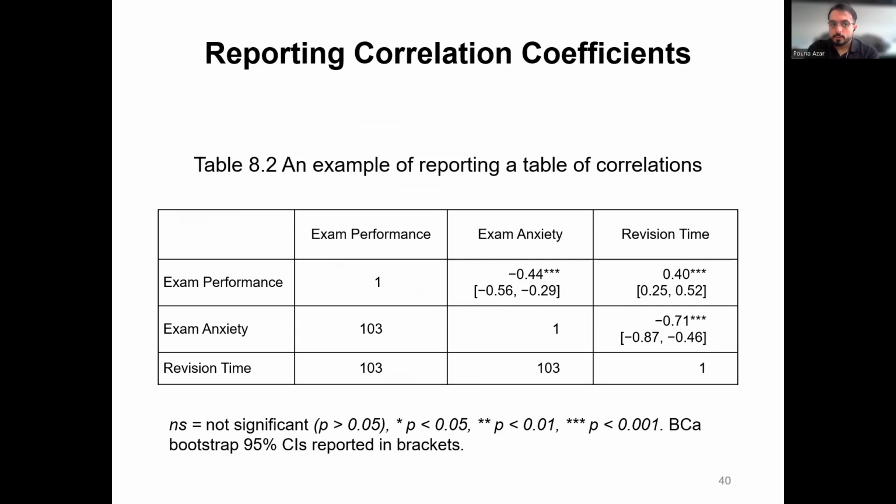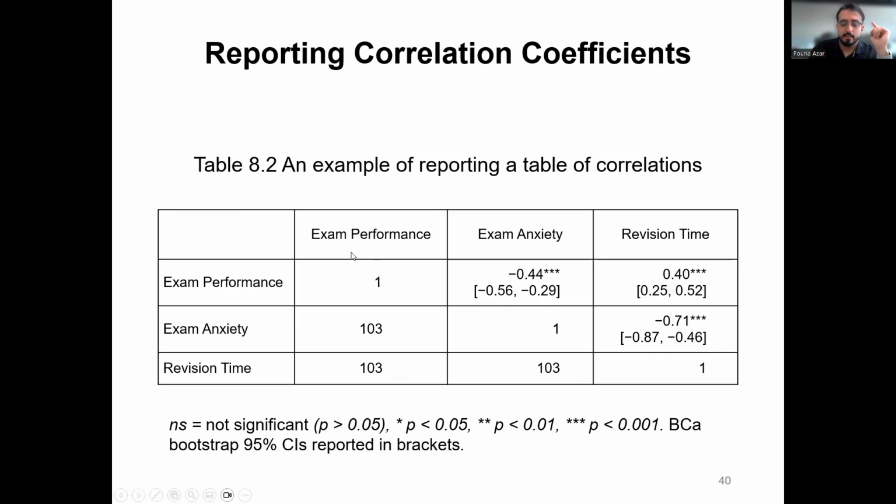How to report a correlation coefficient. This table shows how to report that. As I said, this is a correlation matrix. In the diagonal line, again, we have 1, 1, 1, which means we are measuring the correlation between two variables which are the same variable.